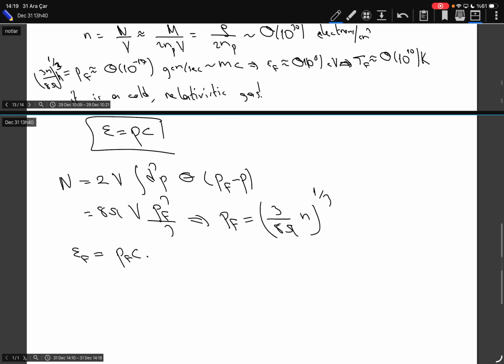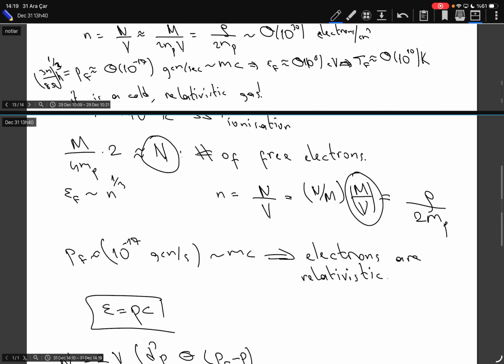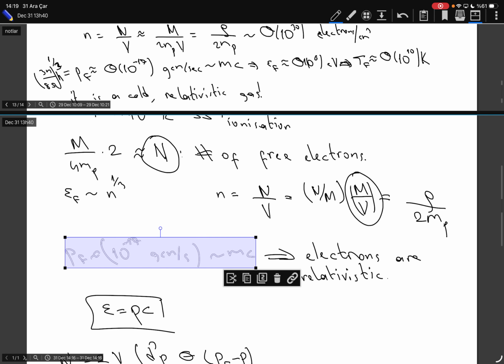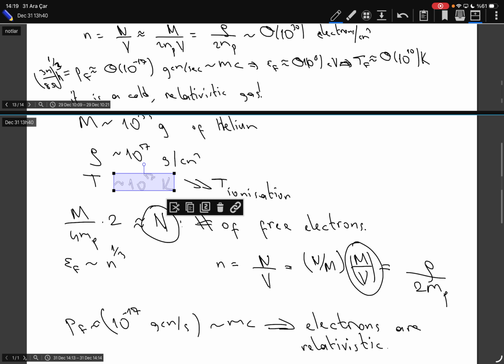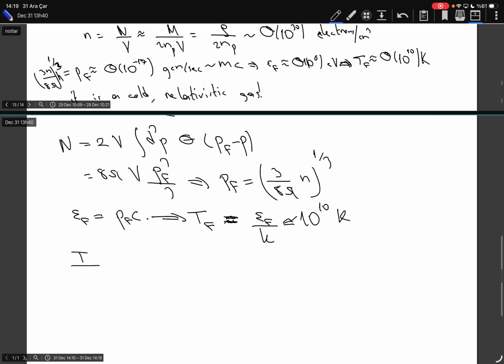And once I have the Fermi energy, there is a corresponding Fermi temperature. The definition of Fermi temperature is epsilon Fermi divided by k, which is of the order of 10 to the power 10 Kelvin. So what does this tell me? This tells me that the electrons I have are relativistic. Since T over T Fermi is of the order of 10 to the power minus 3. You see, Fermi temperature is 10 to the power 10 Kelvin.